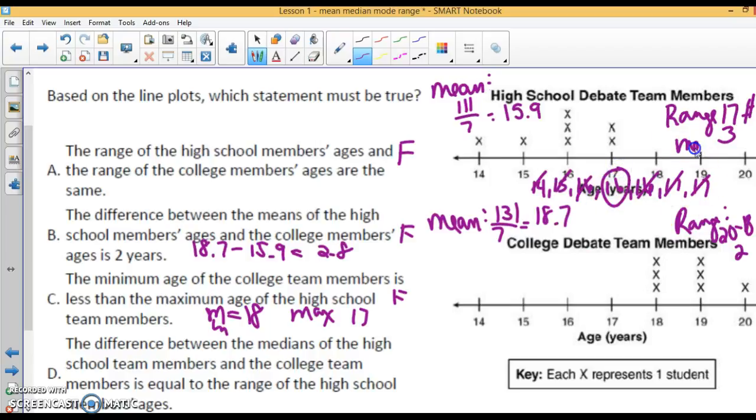Median here is 16. Median here, 18, 18, 18, 19, 19, 19, and 20. First, last, first, last, first, last. The median is 19.